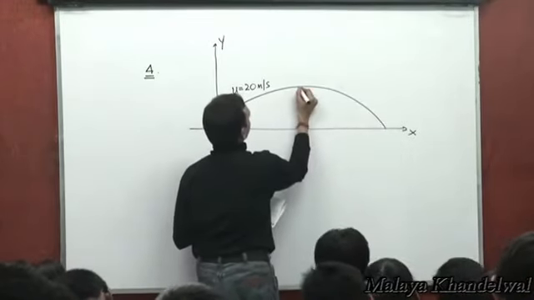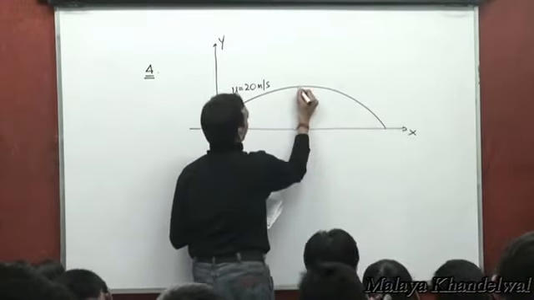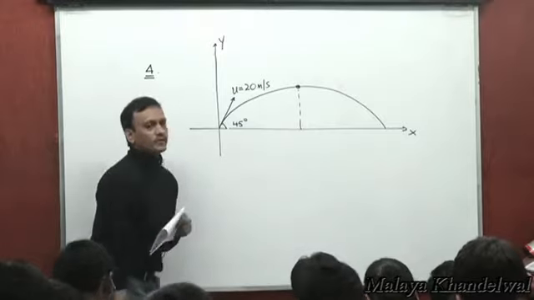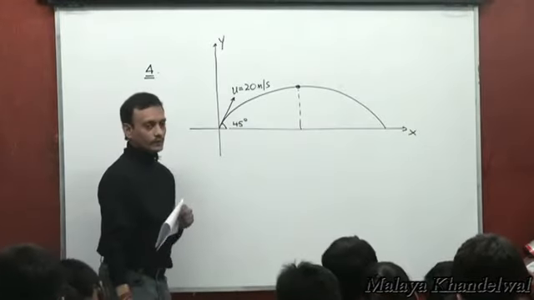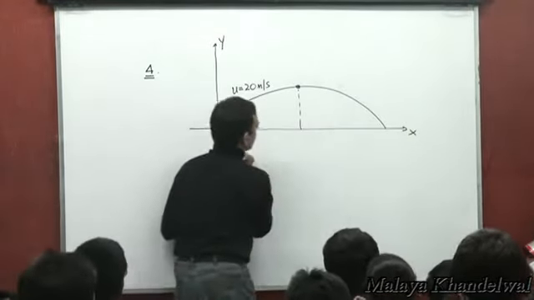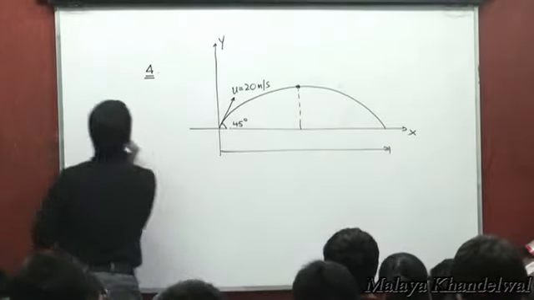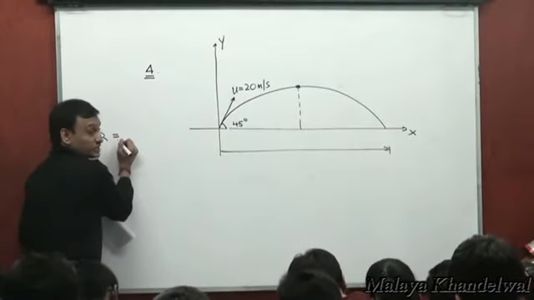This is what it would have undertaken if nothing happened. And of course this distance you can compute, this range R is u squared sine 2 theta by g.